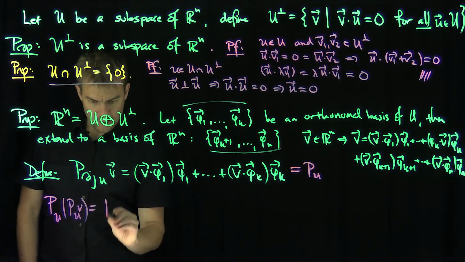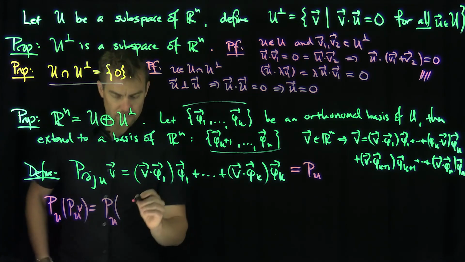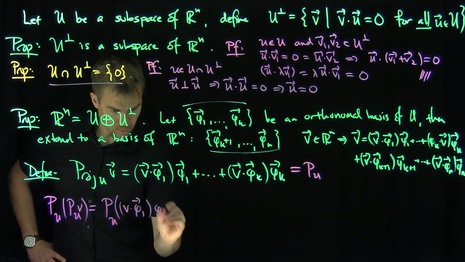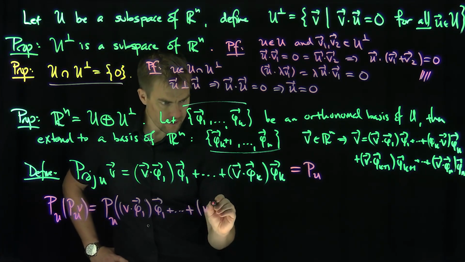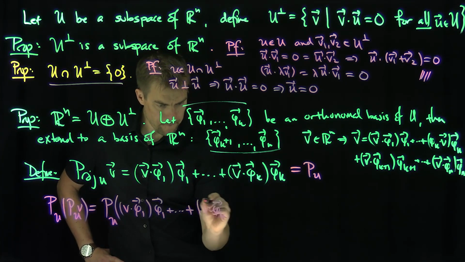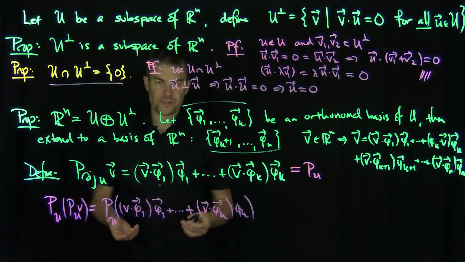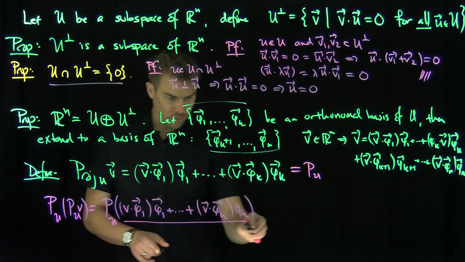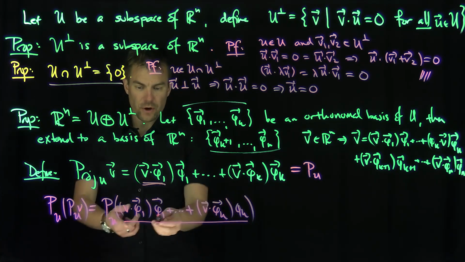That's going to give us P_U of (V dot phi 1) phi 1 plus all the way down to (V dot phi k) phi k. Now we're going to take this whole thing and dot it with phi 1.